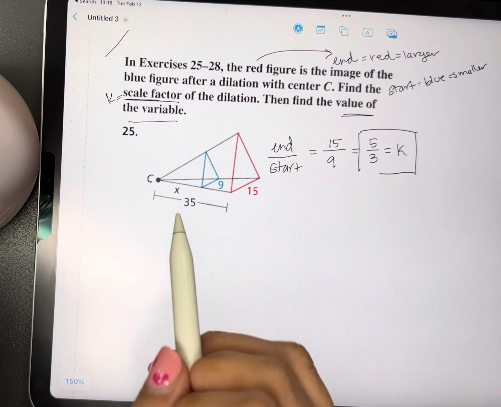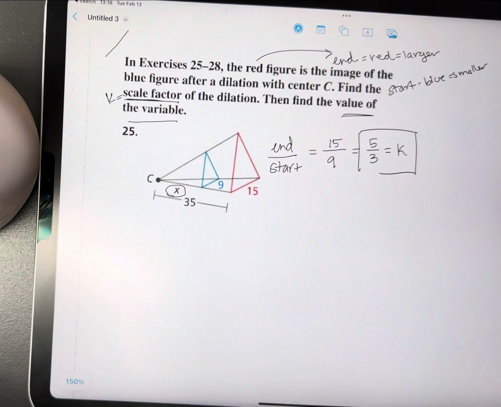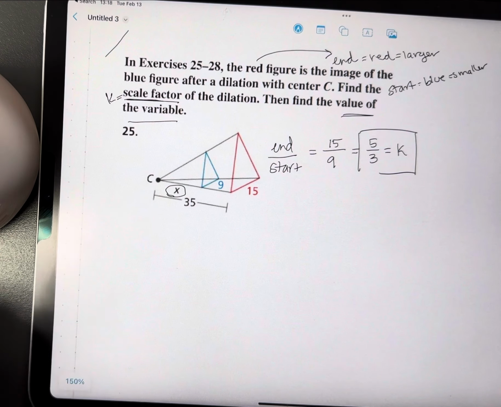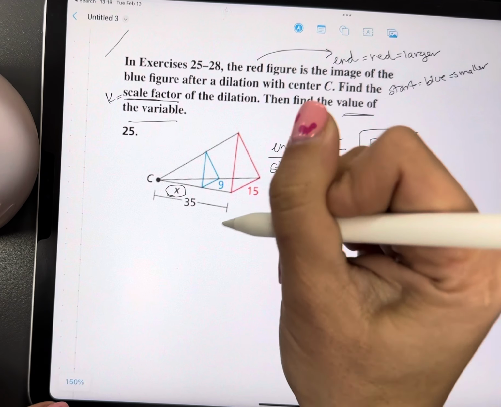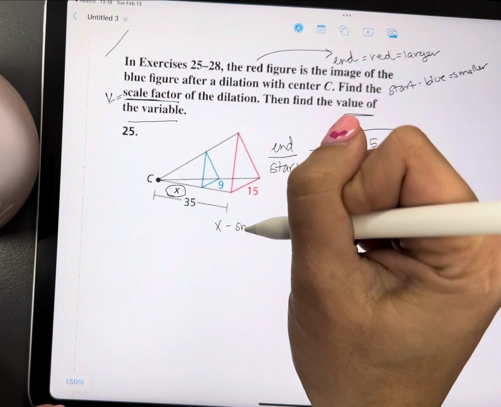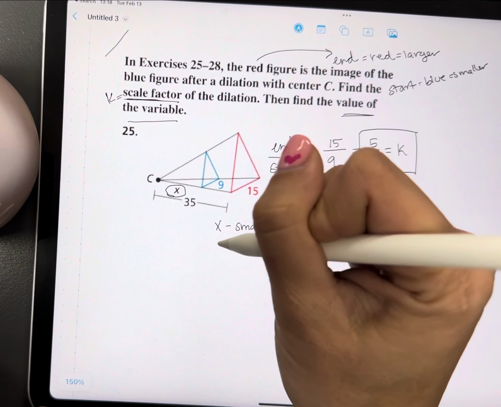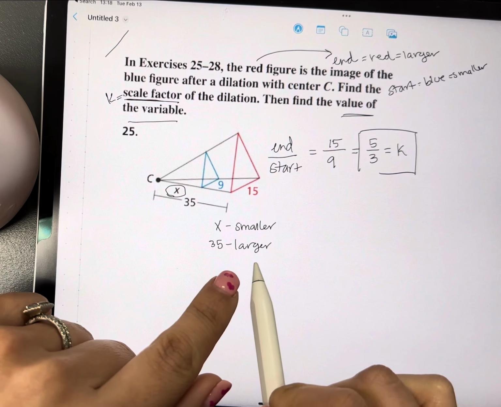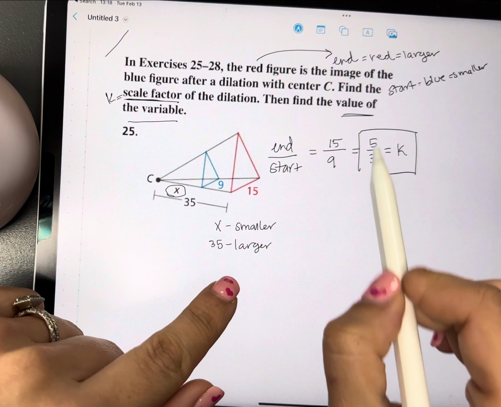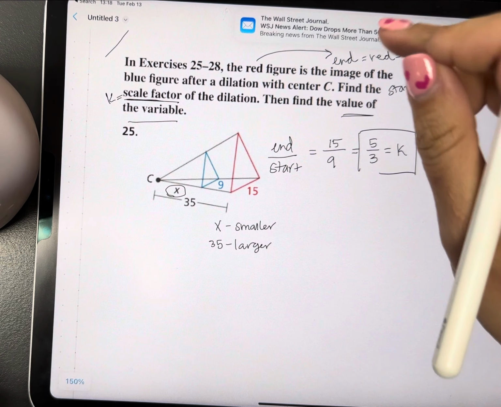And then we're going to find the value of this variable. Ooh, how interesting. Well, I don't know this variable, but I do know that X is the smaller. I know that 35 is the larger. And I know that they've got to follow this rule of 5 over 3.